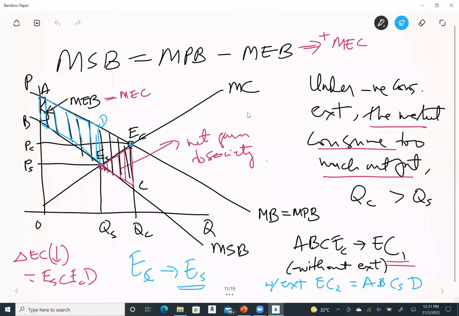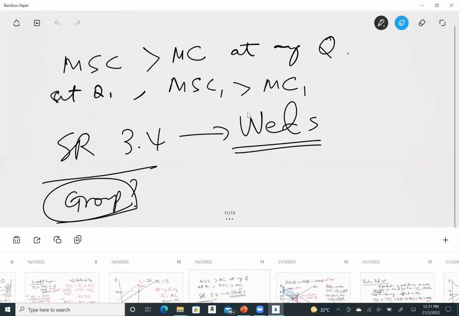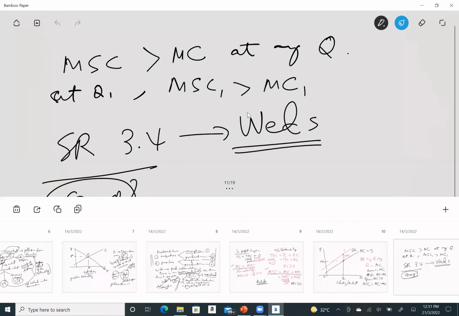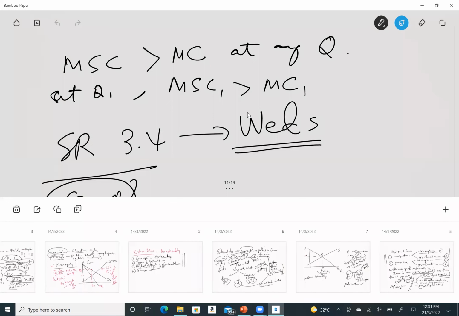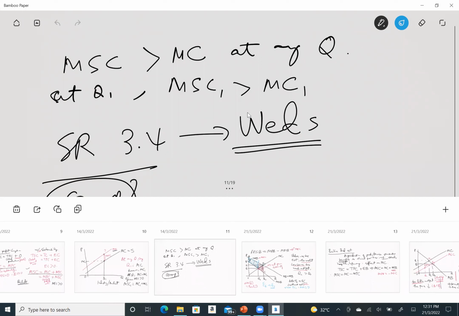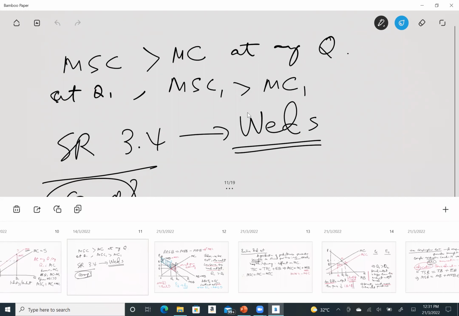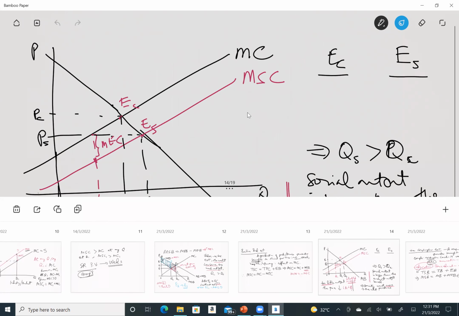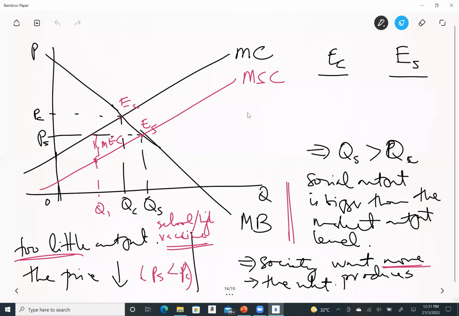And it also works for any types of activity. Negative production activity. Again, if you have a negative production activity, you will move from here to here.